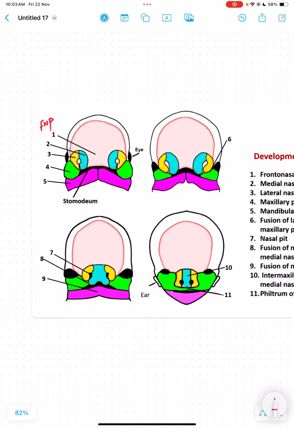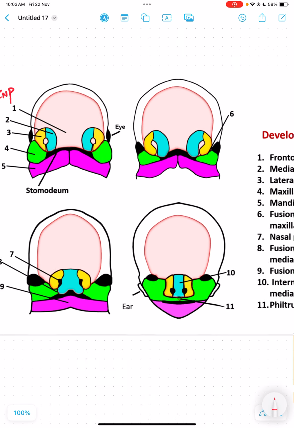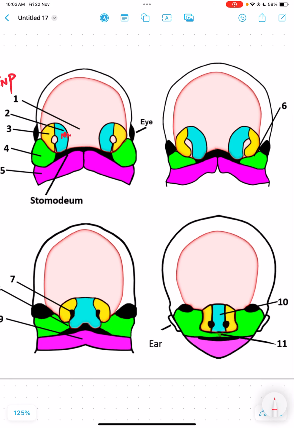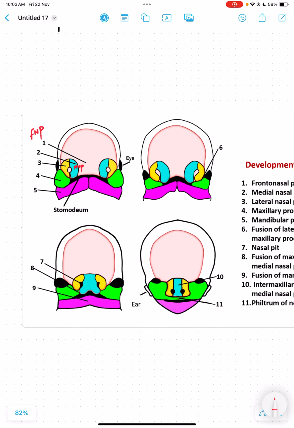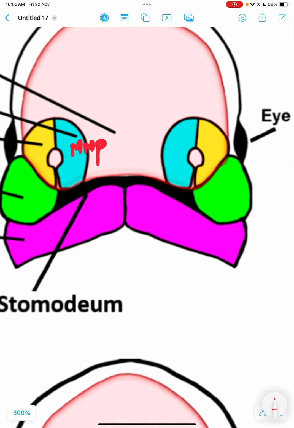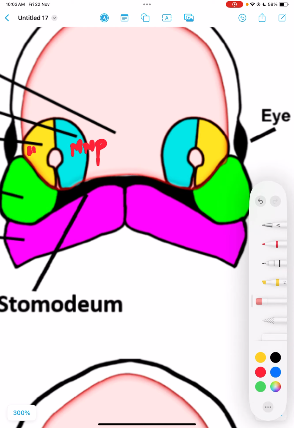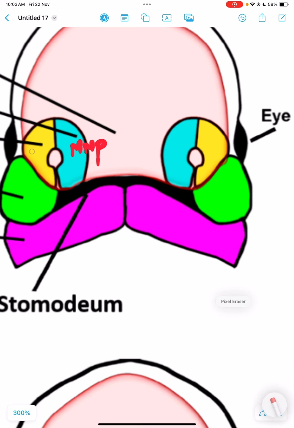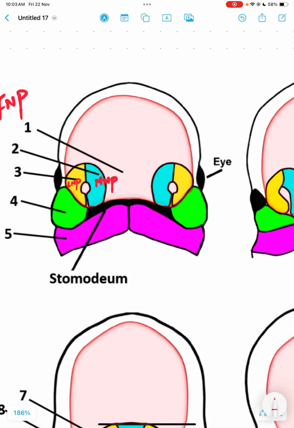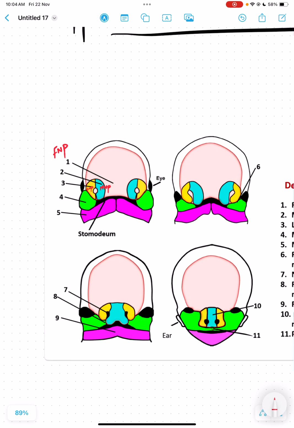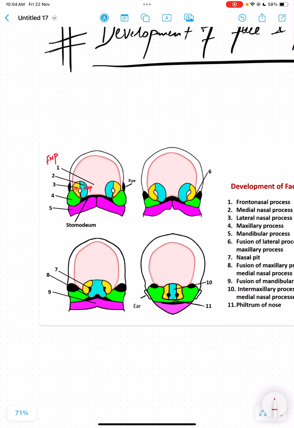Point 2 is our medial nasal process. Point 3, marked in yellow, is our lateral nasal process. So the frontonasal process is one, the blue one is the medial nasal process, and the yellow one is our lateral nasal process.